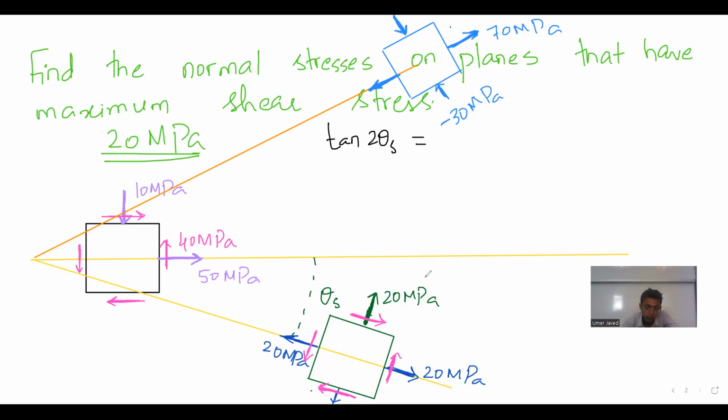Because these are principal stresses. And what is the shear stress? Shear stress will be 0 on the principal planes. And this angle is 26.6 degrees. And this angle is, what was the angle? Minus 18.4. 18.4 degrees.